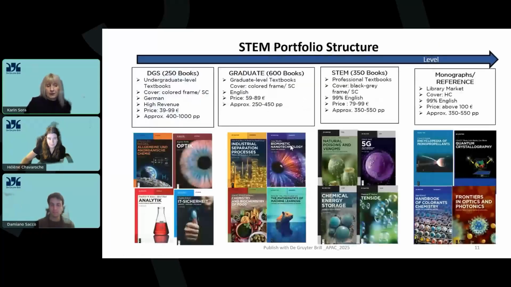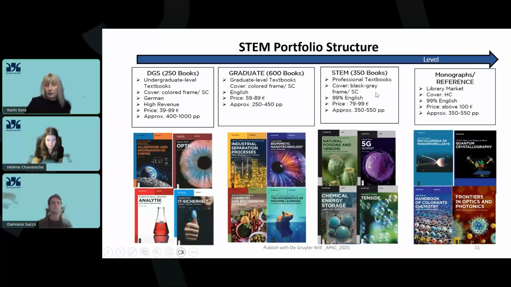So at De Gruyter Brill, our structure is like this. The content becomes more specialized from left-hand side to right-hand side. We have a series of German language textbooks. Then at the graduate level, we have English language. Then we have an introduction for professionals, which is called a STEM series.